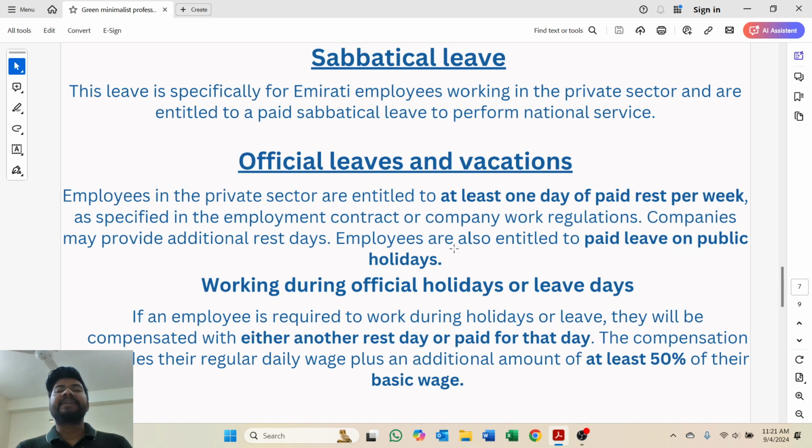And other is sabbatical leave. This leave is specifically for Emirati employees working in the private sector, who are entitled to paid sabbatical leave to perform national service.